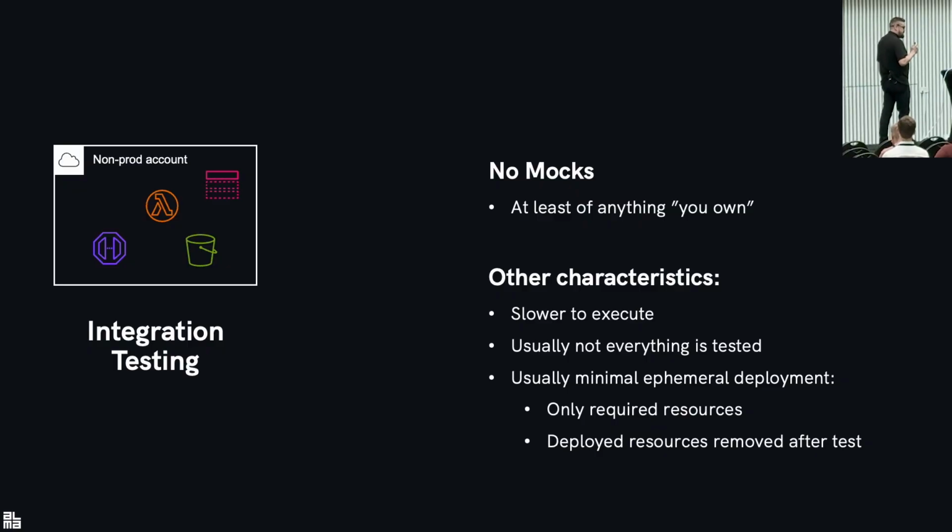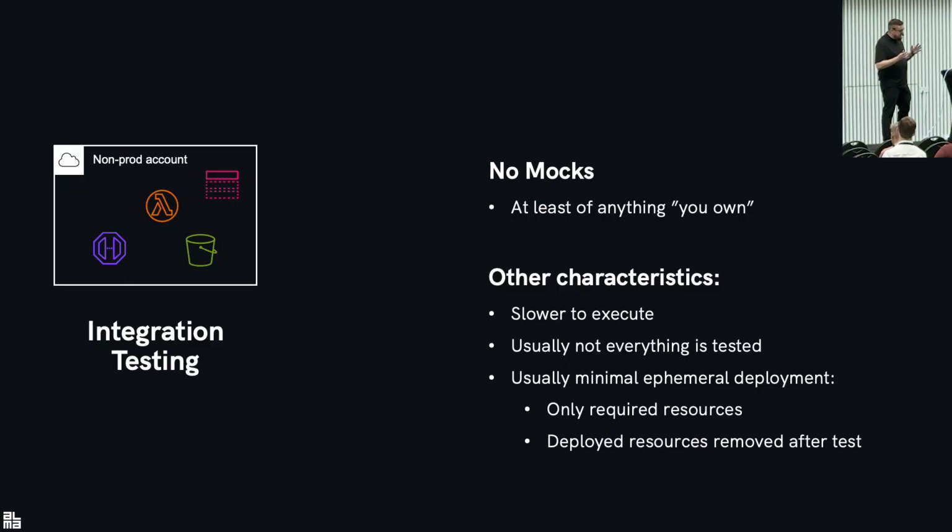So integration testing. In my mind, this must not have mocks. There can be some exceptions, some external things that you don't own that you might mock in some cases, but I think the crucial part, if we think about the context of a Lambda function, is at least to ensure that everything it integrates with directly is working as expected.